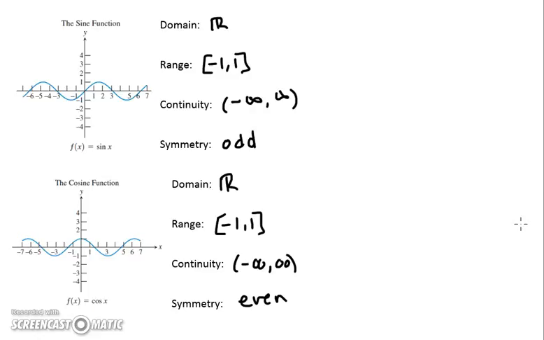You'll notice, if you haven't seen it already, if we just shift the sine function a little bit to the left or shift the cosine function a little bit to the right, you actually have the same exact function. So we'll talk a lot about the sine and cosine functions in this class. But for now, we just need to know domain, range, continuity, and the symmetry.